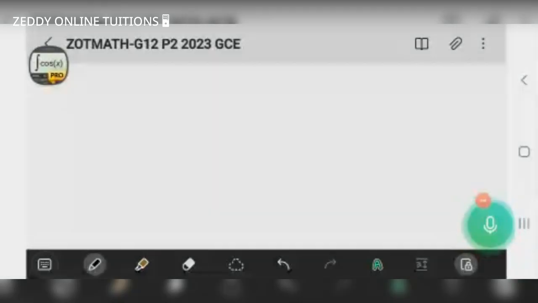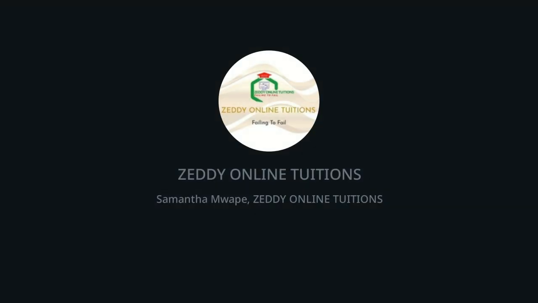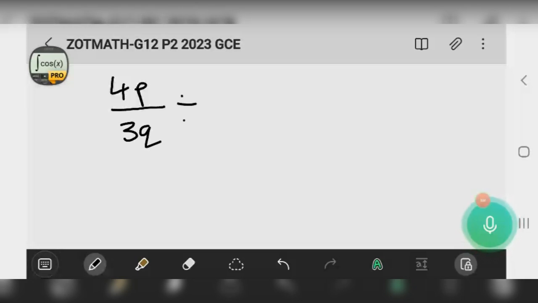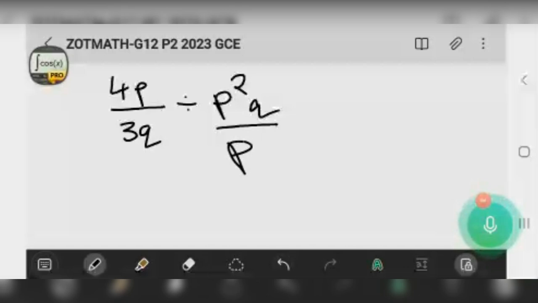So we have 4p over 3q, divided by p squared q over 6, multiplied by pq over 2.